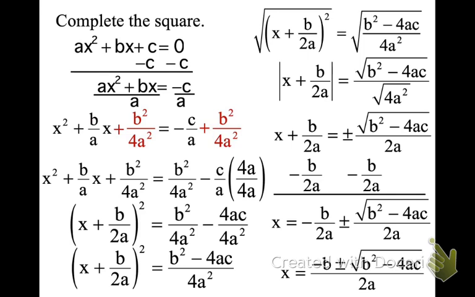All right, my friends, that is the quadratic formula. And where do we get it from? We derive the quadratic formula by completing the square on the standard form. And that's the song that I teach you. x equals negative b plus or minus the square root of b squared minus 4ac all over 2a.